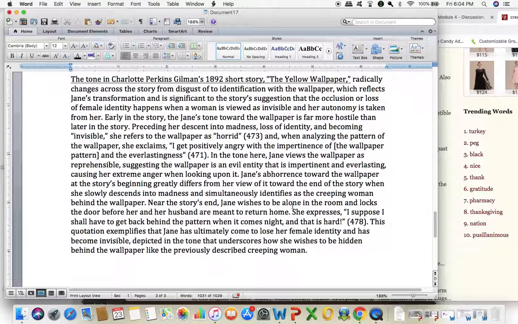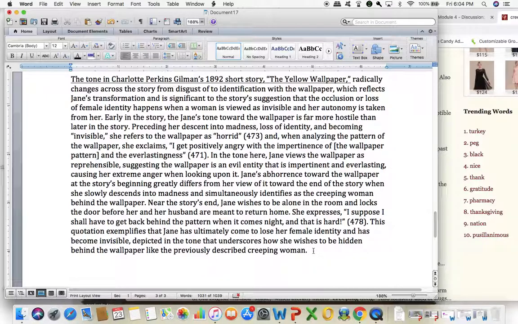And she eventually gives in, right? How you interpret her giving in is up to you. I'm interpreting it here in a specific way, although I could interpret it in a different way as well. So I've talked about how it was, the tone in the beginning, and the tone later, where she wants to be part of the wallpaper. She wants to join it and hide behind it.